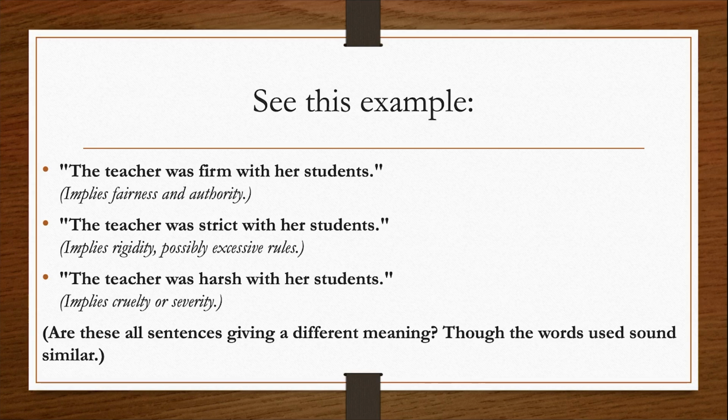Okay, now harsh implies severity. Now, are all these sentences giving different meanings? Yes, they are. Though the words used sound similar, the meanings are altogether different. And this is what happens when we understand the nuanced meaning. The meaning that we want to convey gets better and fairly delivered to the other person.